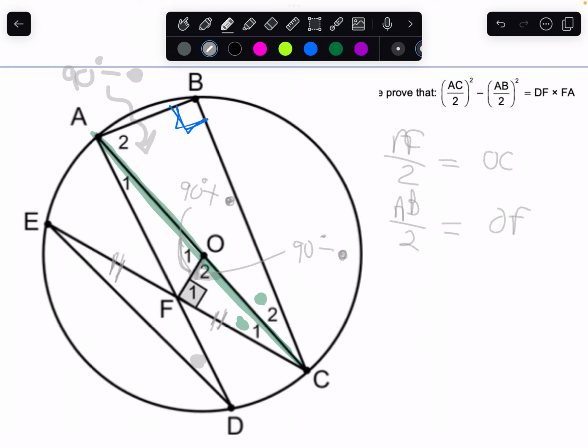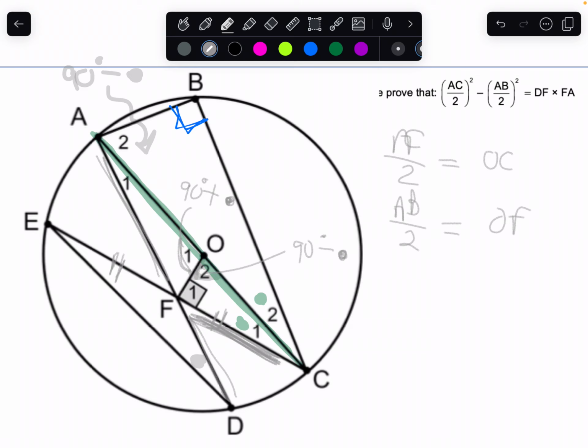And so the DF times FA, remember I said I suspect that, essentially we're trying to show that DF times FA is the same as FC squared, right?